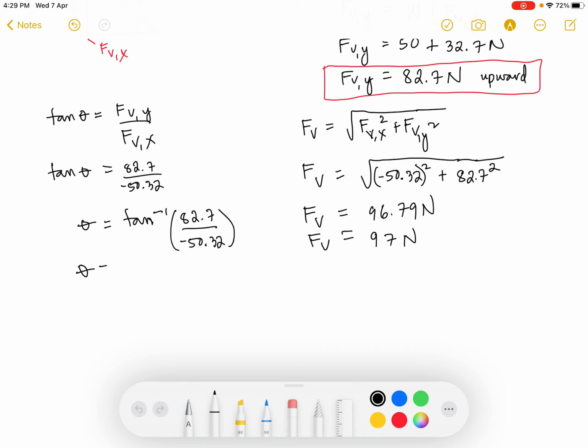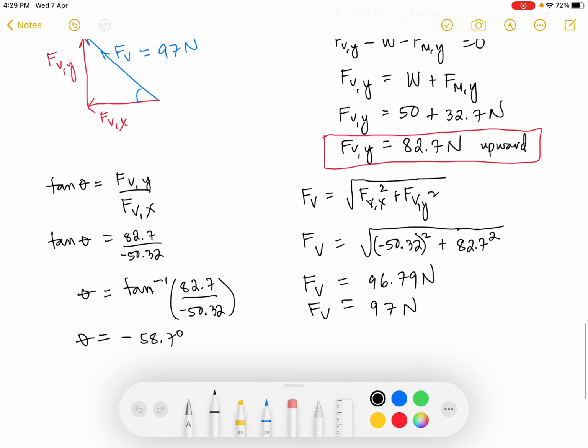Okay. You will get a negative answer for the theta, which is negative 58.7 degrees. That just means that you measure the angle in the clockwise direction relative to the horizontal, instead of anti-clockwise. So this is your angle theta, 58.7 degrees relative to FVX that's pointing to the left.